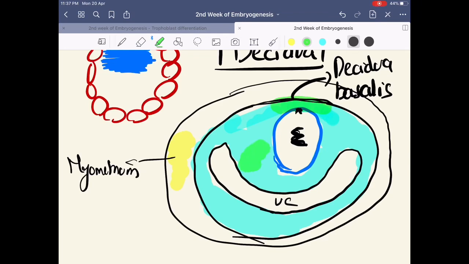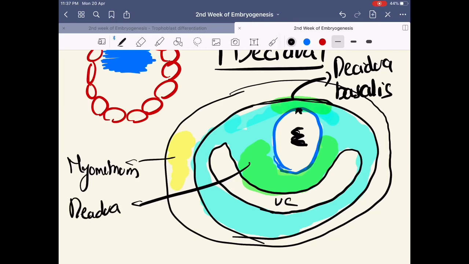That is going to be this area that I've now marked in green. That is called under a different name. That is again decidua, but it is decidua capsularis. Decidua capsularis.